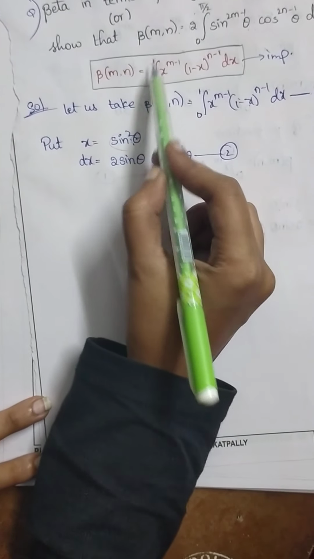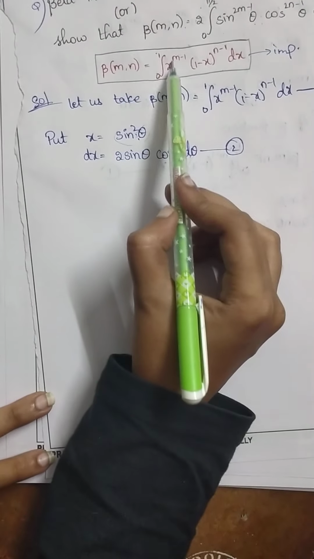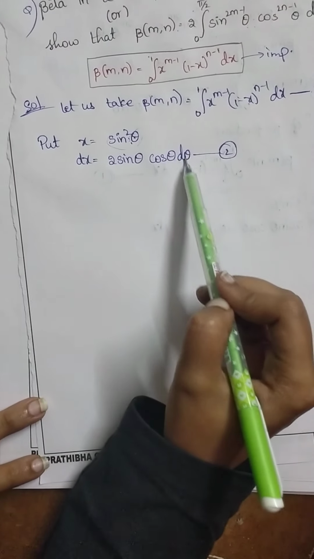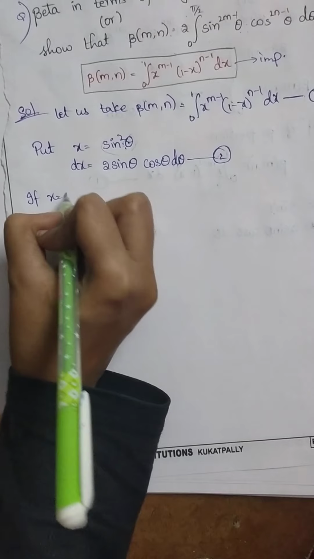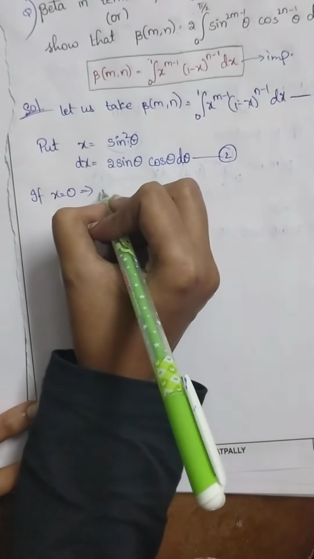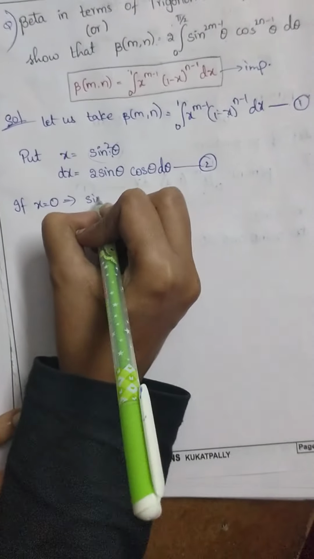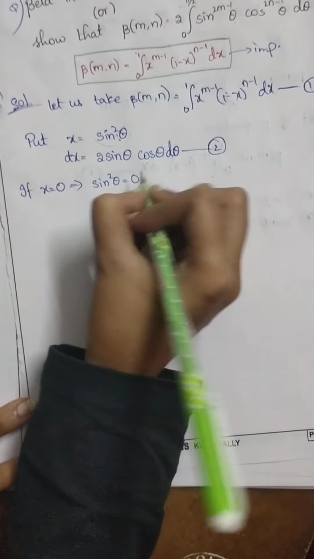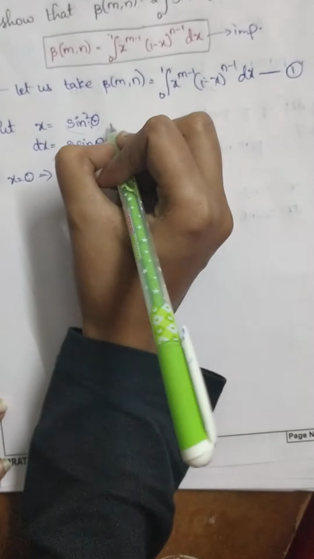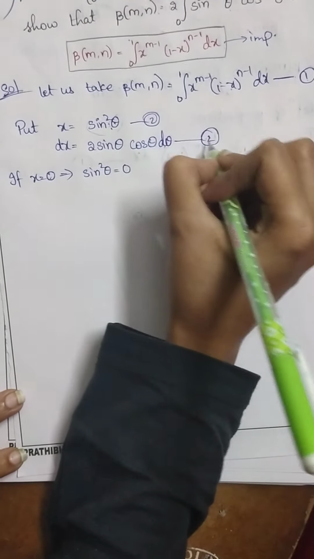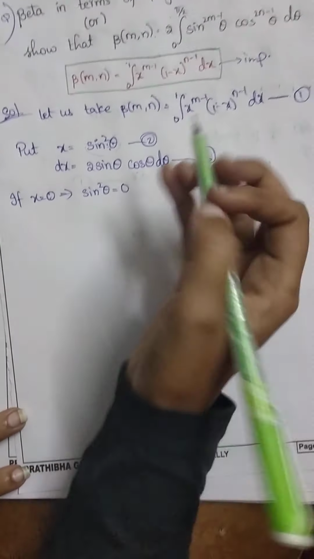We need to change these limits too, because we are taking x values in terms of theta. So if x equals 0, then we get sin square theta equals 0 by substituting 0 in this equation. This is the second equation, and this one is the third equation.